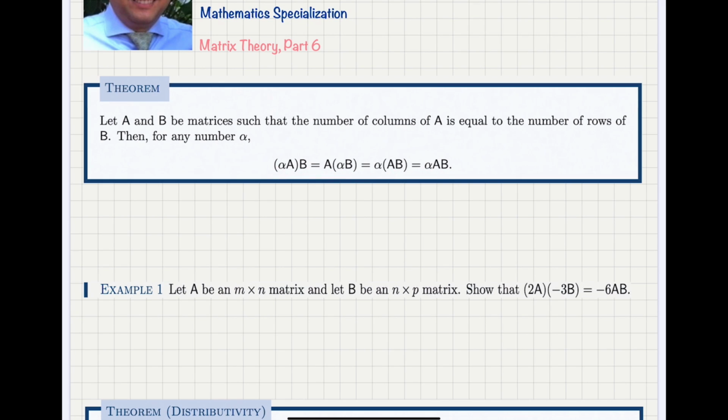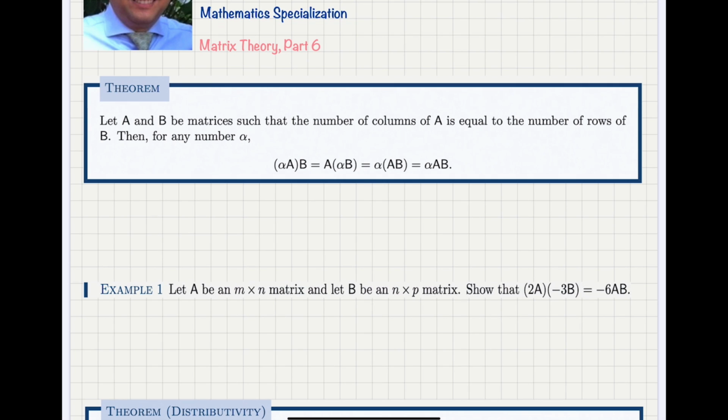It doesn't matter if you take your first matrix multiplied by a number, which generates a new matrix, and then multiply that new matrix from the left to your matrix B. It would be exactly the same if you multiply the number alpha to B first to generate a new right-hand side matrix, and then multiply A to that new matrix from the left.